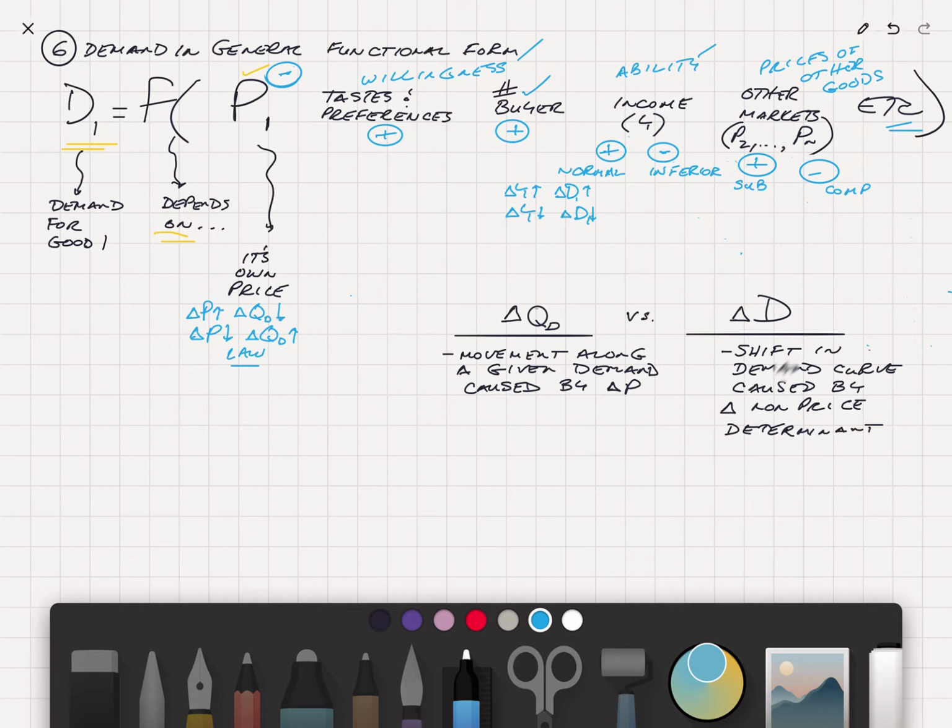There's another situation that we have here called an inferior good. Think Top Ramen, think Totino's Pizza. These are goods and services where if your income goes up, sorry, sometimes the pen goes kind of screwy.